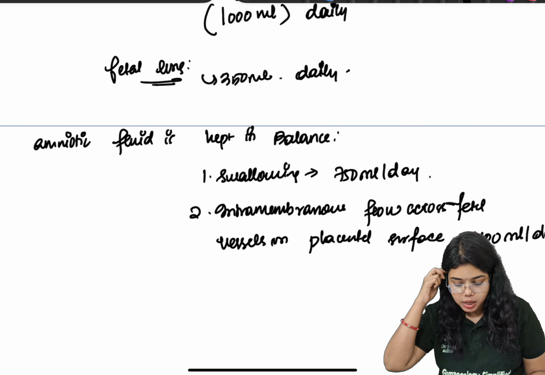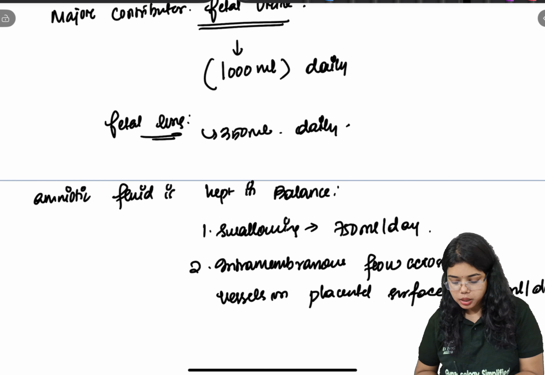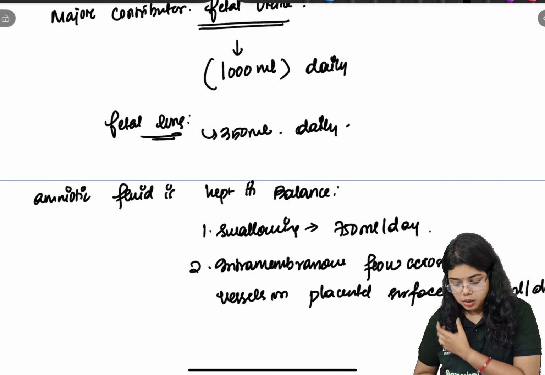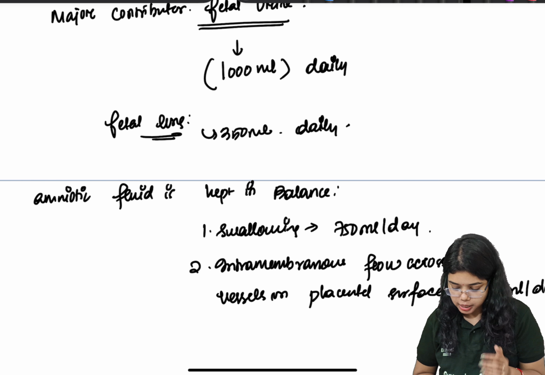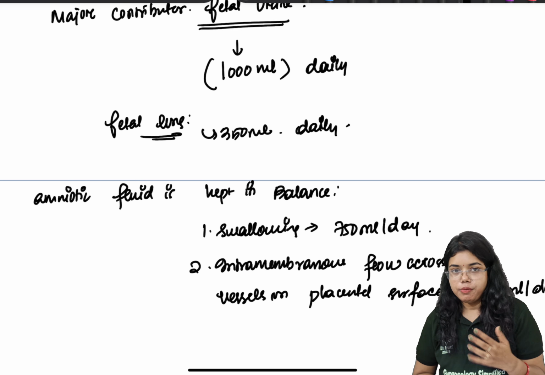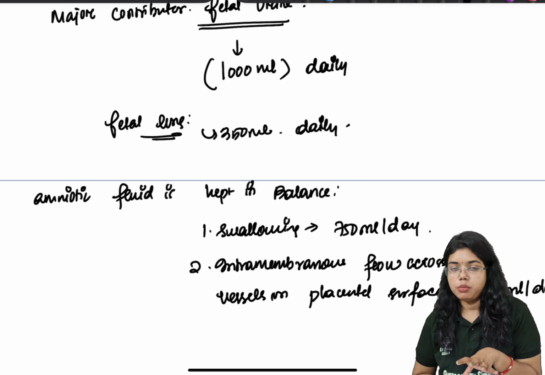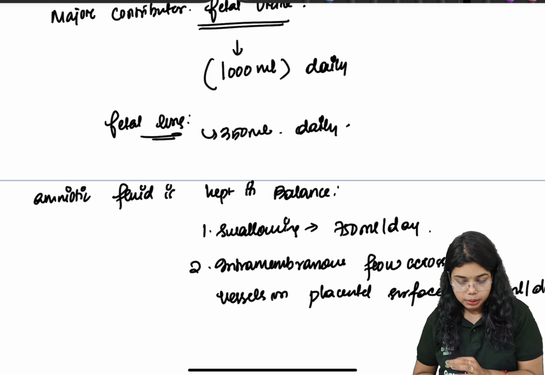So it is kept in balance. 1000 ml is secreted by the urine and 350 ml from the lungs, then 750 ml per day is swallowed, and the intramembranous absorption is 400 ml per day.